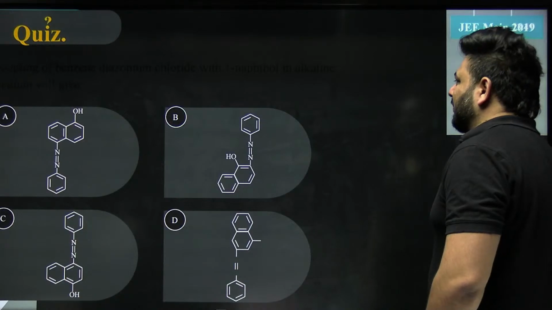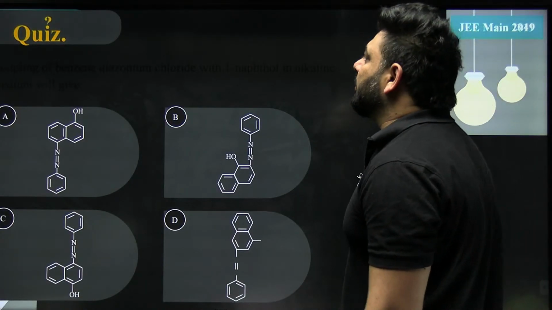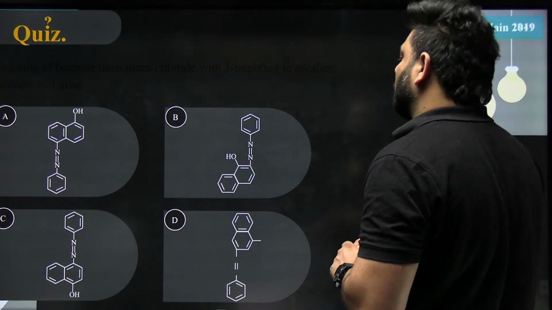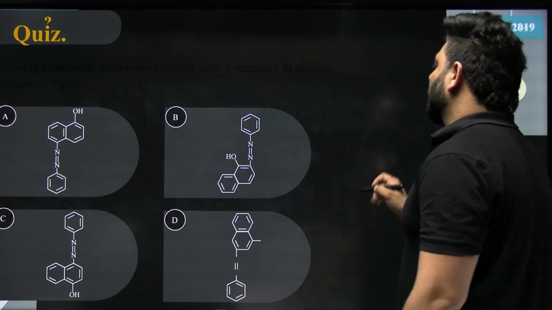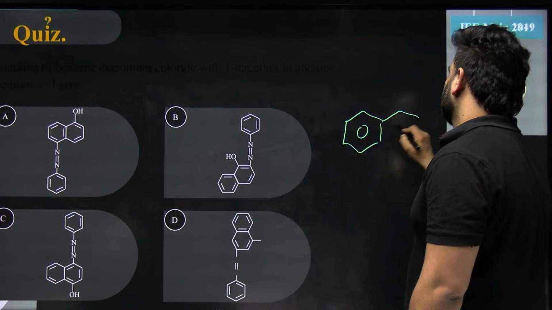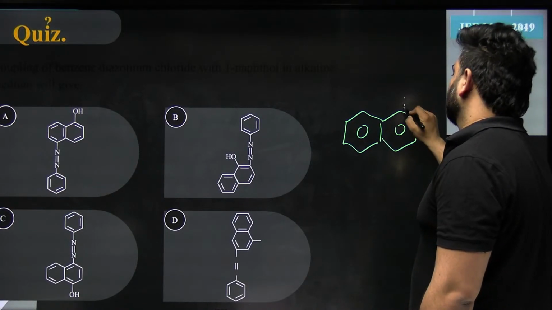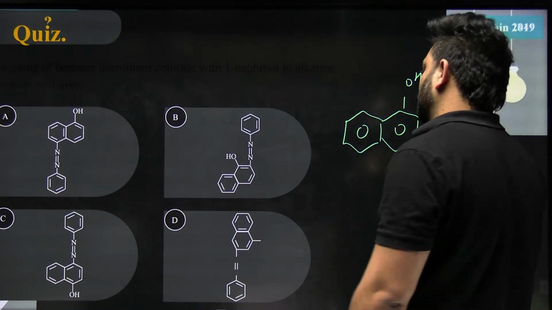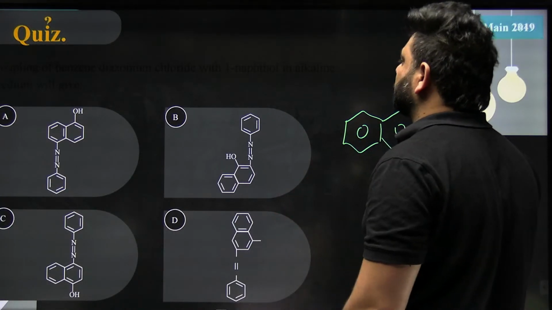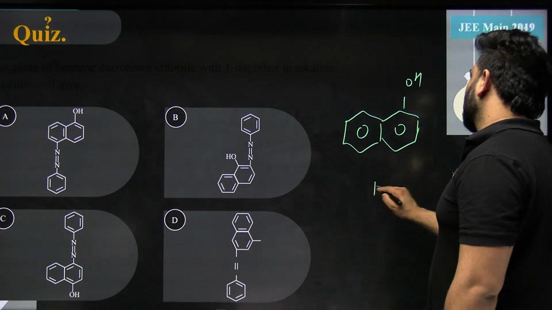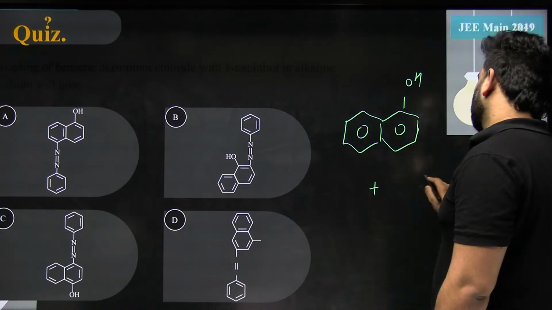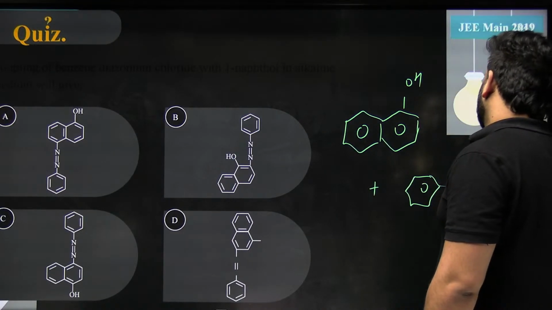Moving forward, we have a question: coupling of benzene diazonium with 1-naphthol will give you what? So naphthol is this compound, everyone. Now we have to find out the final product when this compound reacts with benzene diazonium chloride.